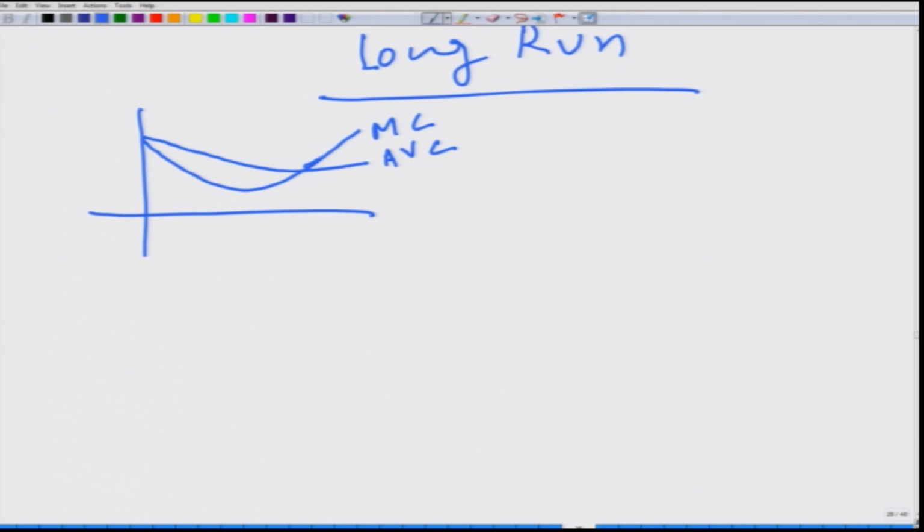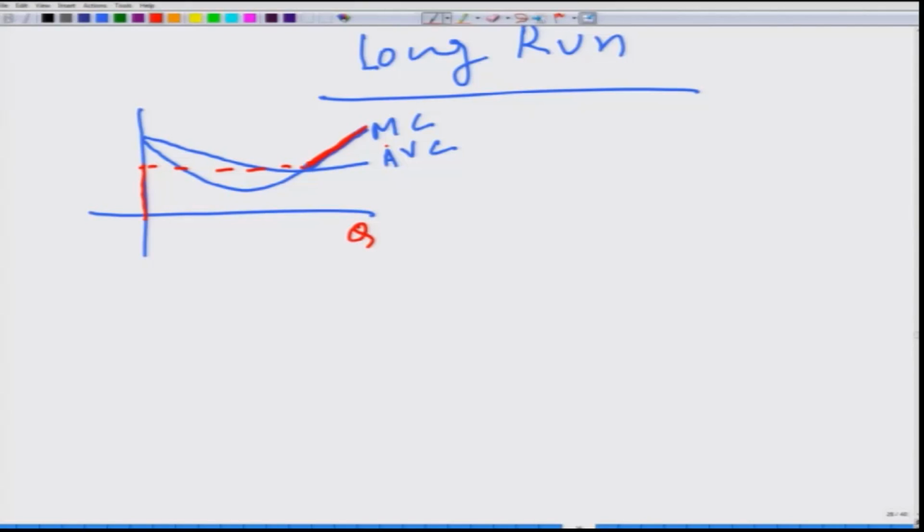Then this part, let me put it in a different color, the curve given in red is the supply function of an individual firm operating in the perfectly competitive market in the short run.